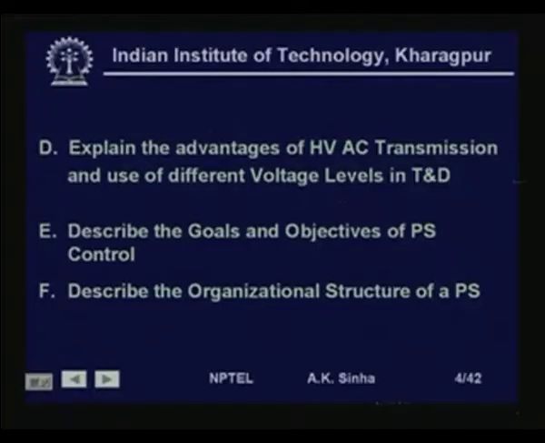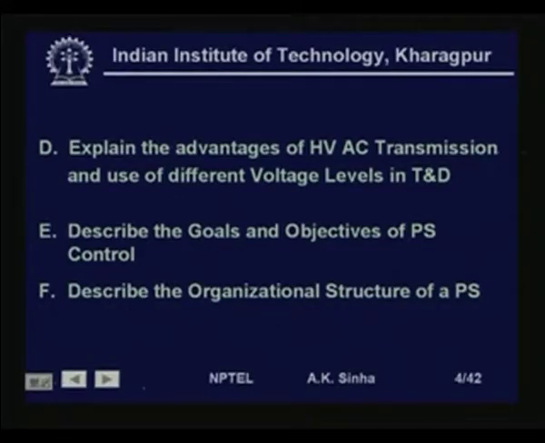And you should be able to describe some aspects of the organizational structure of a power system, especially with the new structures that are coming in. That is, the old, what we used to call vertically integrated system structure, is now giving way to the deregulated structure, where most of the components of a power system are unbundled. So we will talk a little about that.